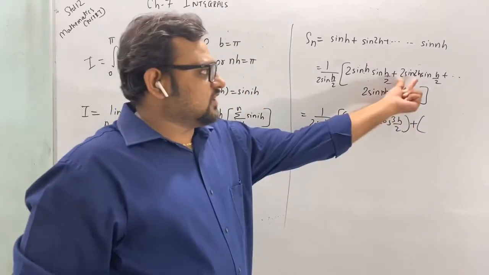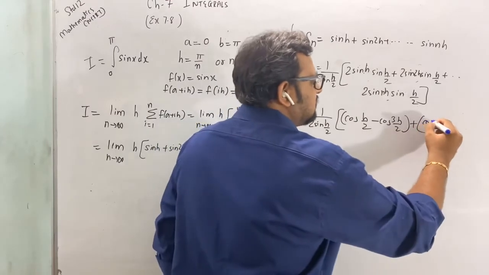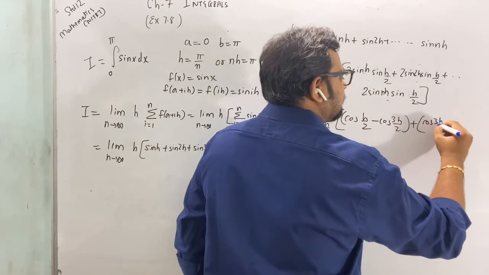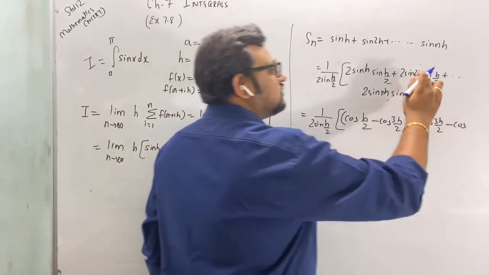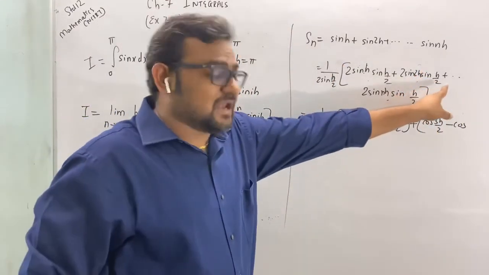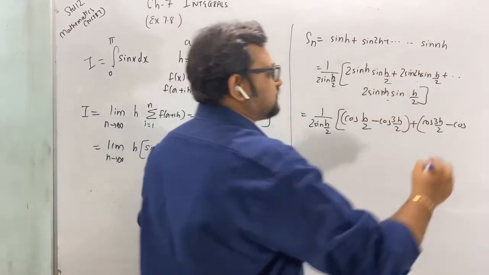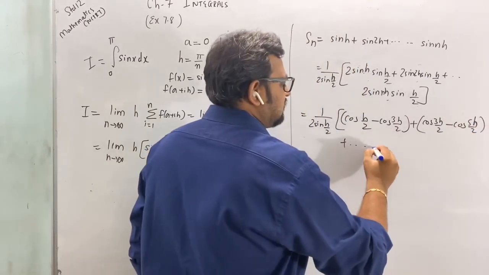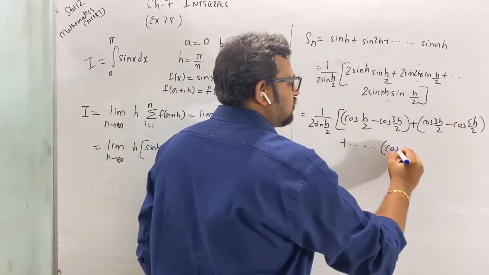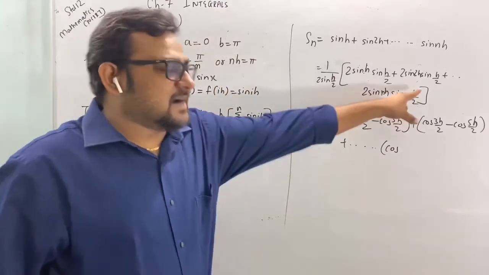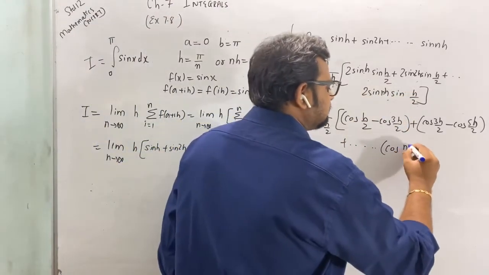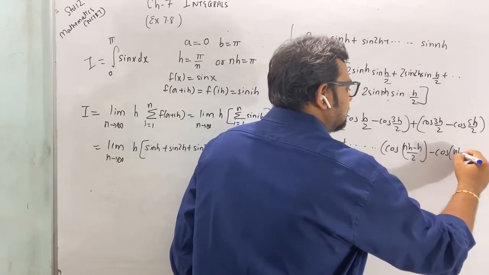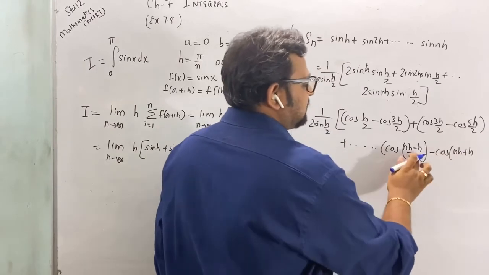Plus, now here again, cos of 2h minus h by 2, which is 3h by 2, minus cos of 2h plus h by 2, which will be 5h by 2. And the last, cos of nh minus h by 2, minus cos of nh plus h by 2.